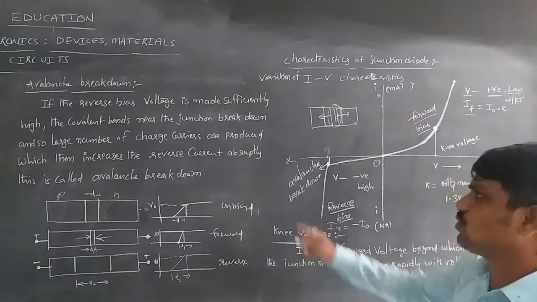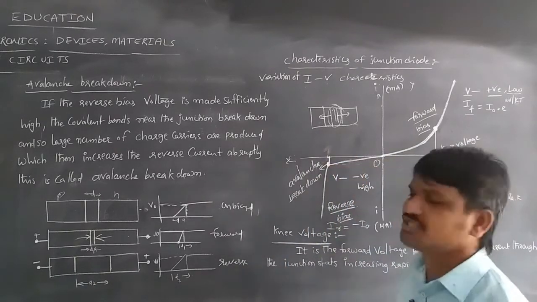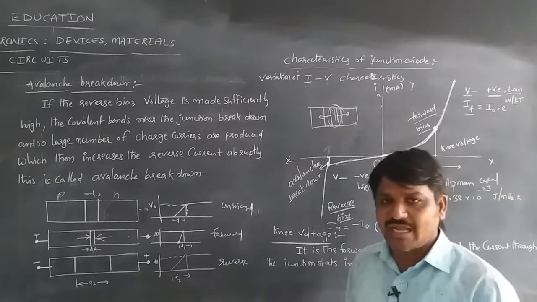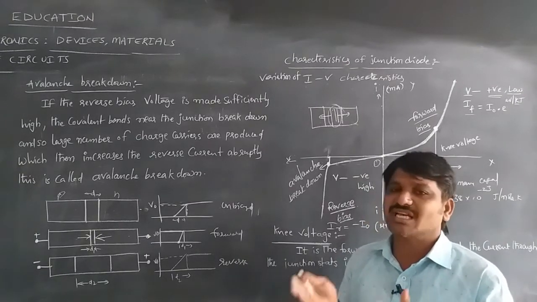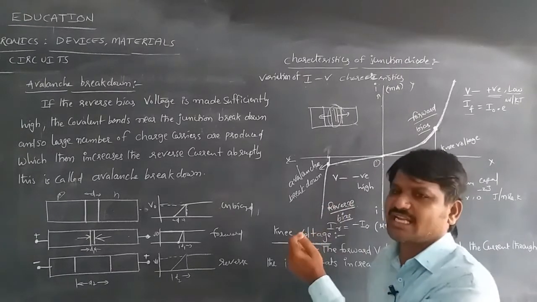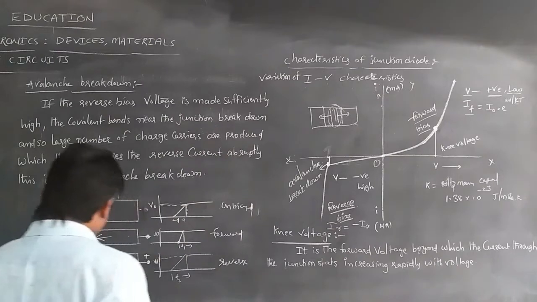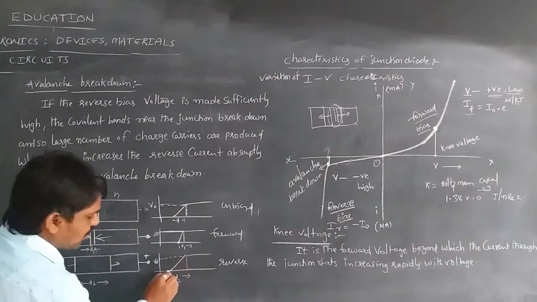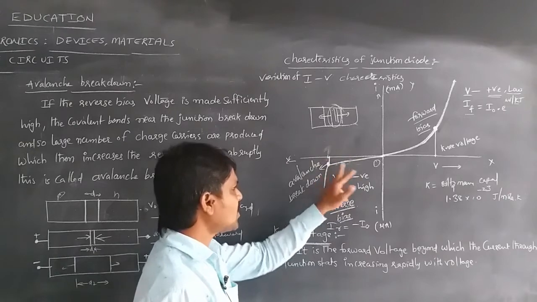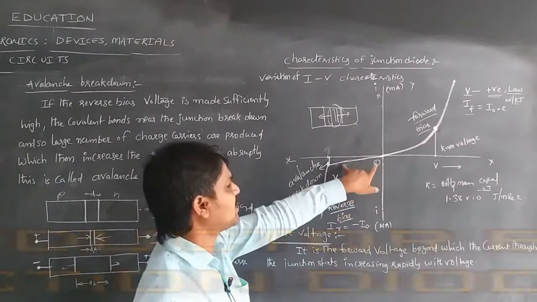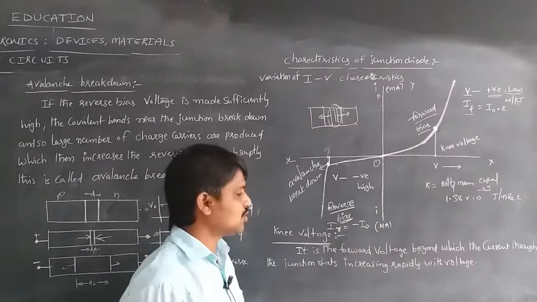That breakdown is called avalanche breakdown. If the reverse bias voltage is made sufficiently high, the potential across the diode is high, the covalent bonds at the junction break down, and the reverse current increases rapidly and suddenly. That sudden increase is called avalanche breakdown. The depletion layer width increases, so the voltage is negative but high in reverse bias. The reverse current is I_R equal to minus I naught.